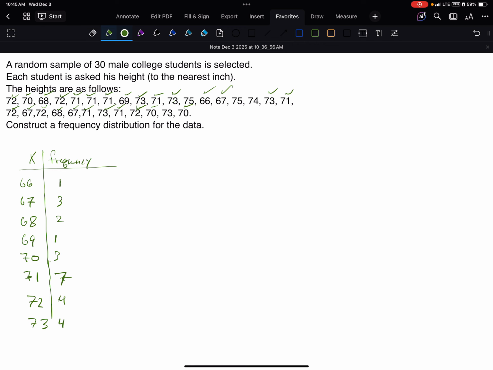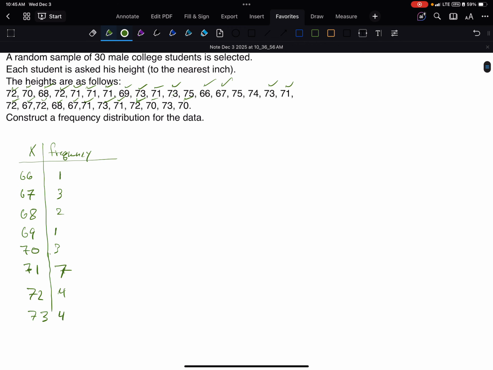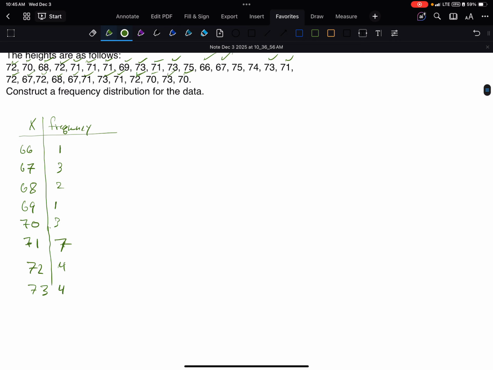I must have forgotten to put the check mark there. But this is why you put the checks, is so that you can remember these things. Now it looks like I might have forgotten to do the same thing with the last 73, so let's check that again. And 73 is 1, 2, 3, and yes, 4. Getting a bad habit of not putting those down.